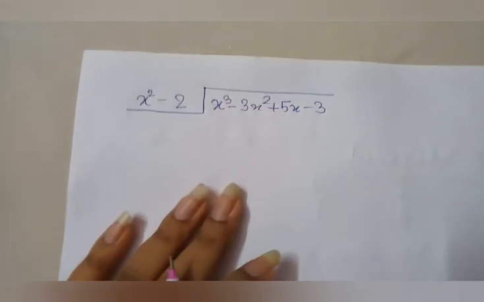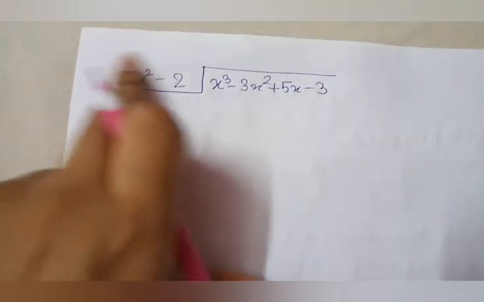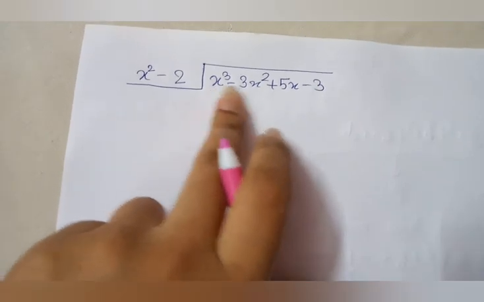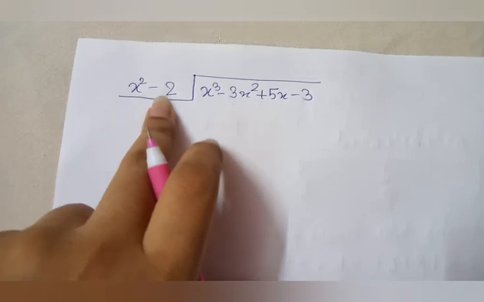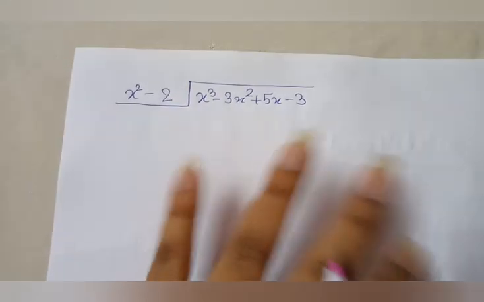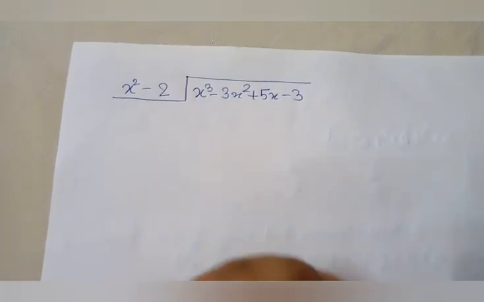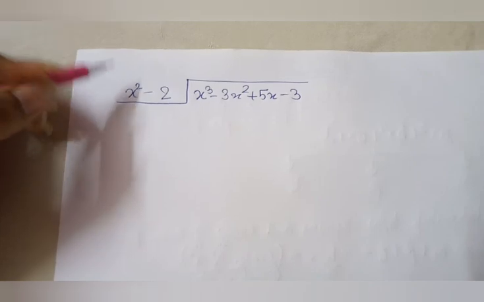Now first we need to write this in this form. Here we will write g(x), and inside we will write p(x). p(x) is x cube minus 3x square plus 5x minus 3, and g(x) is x square minus 2. Now we need to go step by step and understand it very perfectly. We'll go slowly as it is the first time.